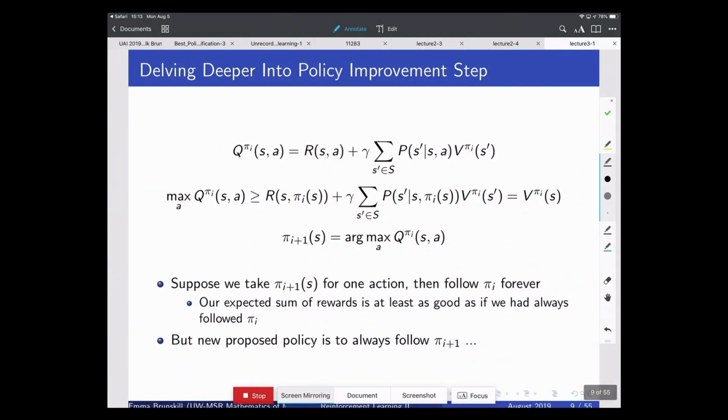So what we're going to do is take a max over A, which is guaranteed to be greater than or equal to the value of the previous policy. Right? This is a max over the actions, and policy pi_i was taking a particular action, so if we take a max, that's always going to be greater than or equal to that. And so this was equal to our previous policy value.